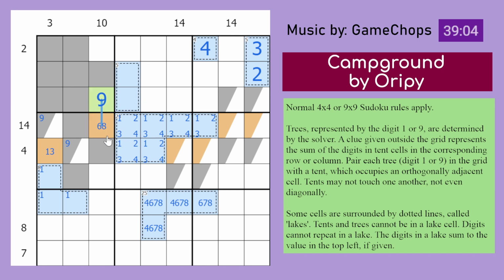Now what? We do know there's a 9 in one of those cells. Does that help? The 9 has to be next to a tent. I don't know.